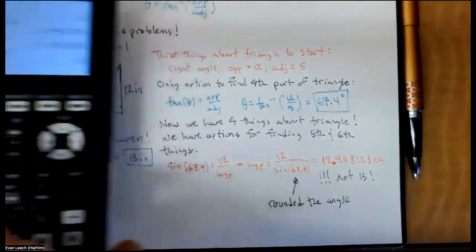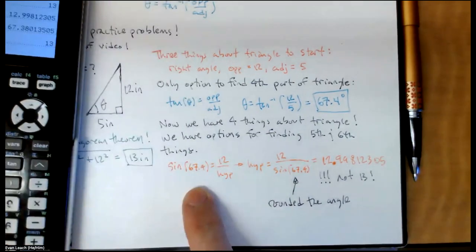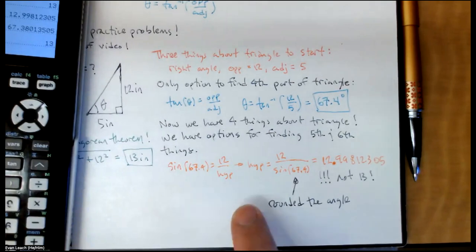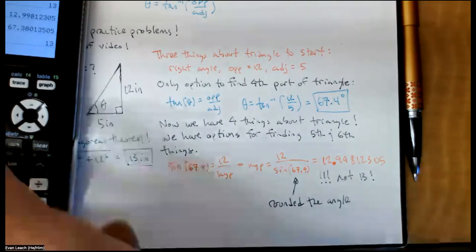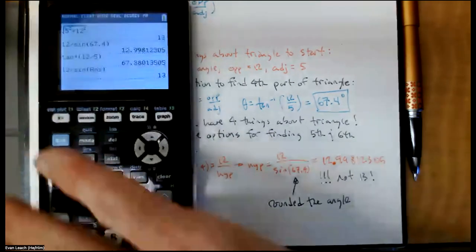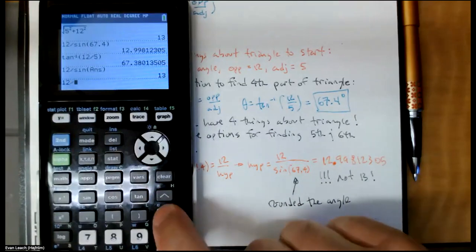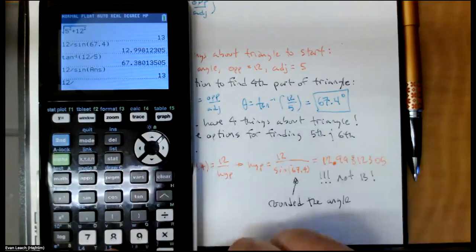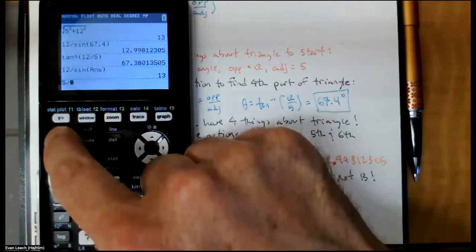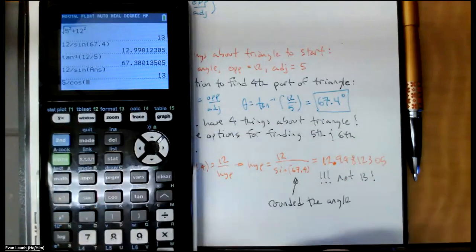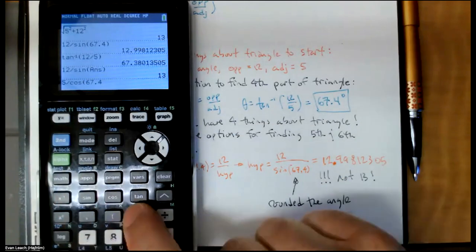Now, I happened to pick sine and said sine of 67.4 is 12 over the hypotenuse. So the hypotenuse is 12 divided by the sine of 67.4. But the same thing happens if I take 5 and divide it by the cosine of 67.4.